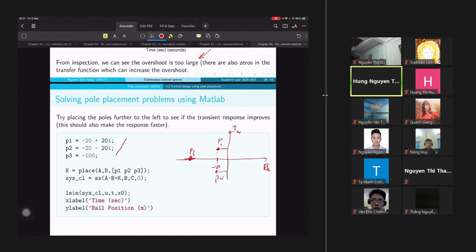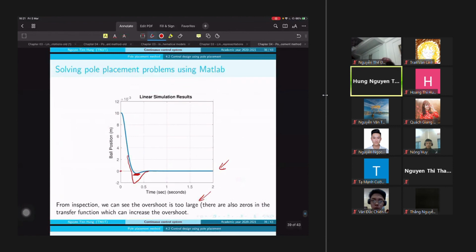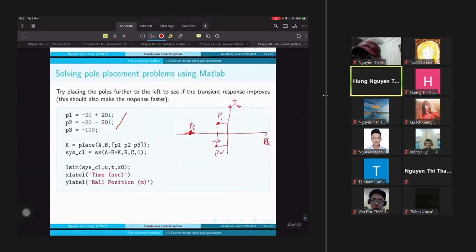Now, because I think the overshoot is maybe too large, we move this to here, because the imaginary part is also 20, so 20 here. So we have P1 here, P2 moved to here, and P3 is now at -100.